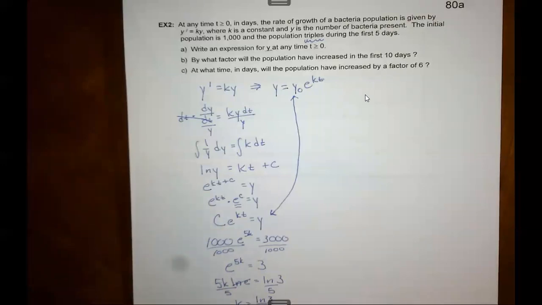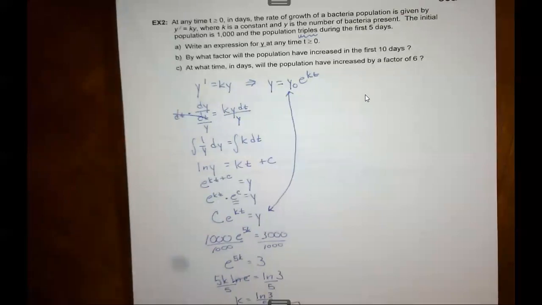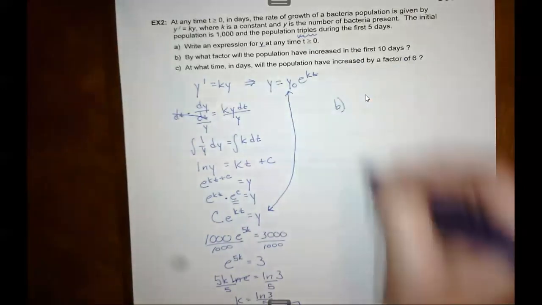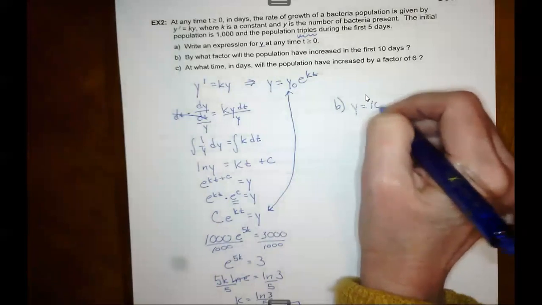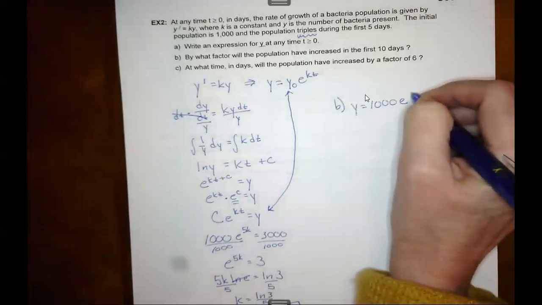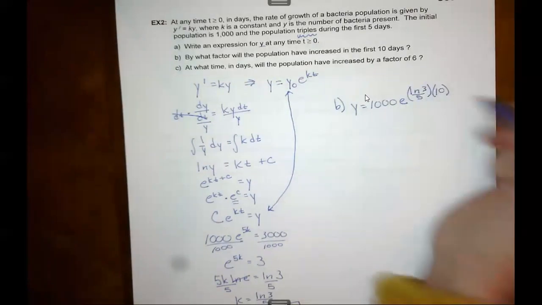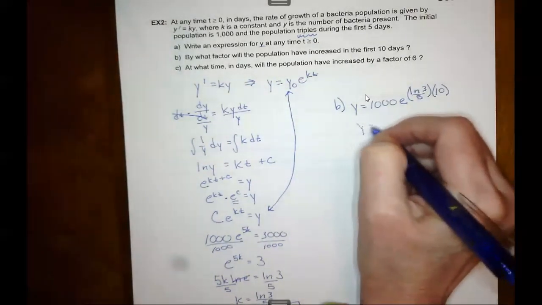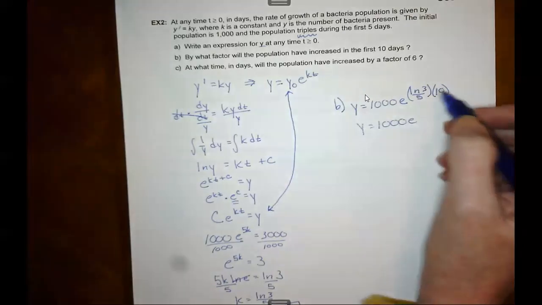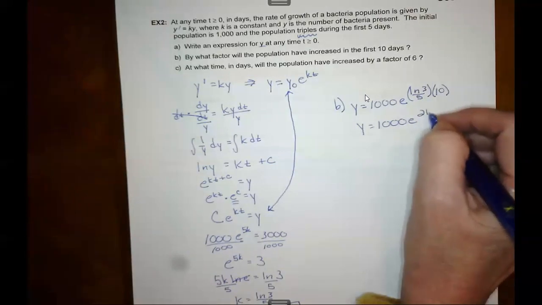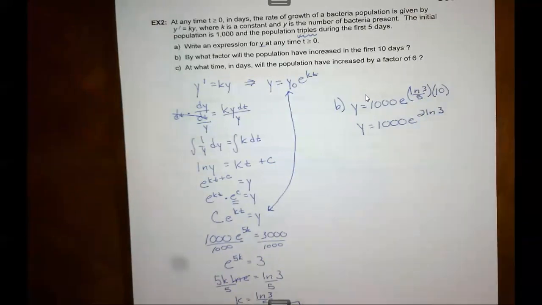Part B says, by what factor will the population have increased in the first 10 days? So 10 would be a time, so they just want us to put 10 in for our time. So y equals 1,000 e to the ln of 3 over 5 times 10 power, or 1,000 e to the, 10 divided by 5 would be 2, so 2 ln of 3 power.